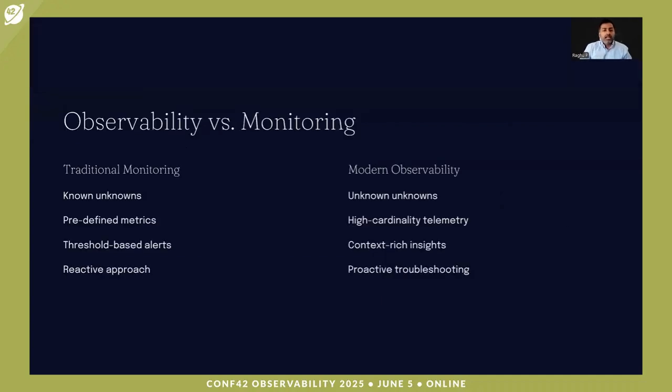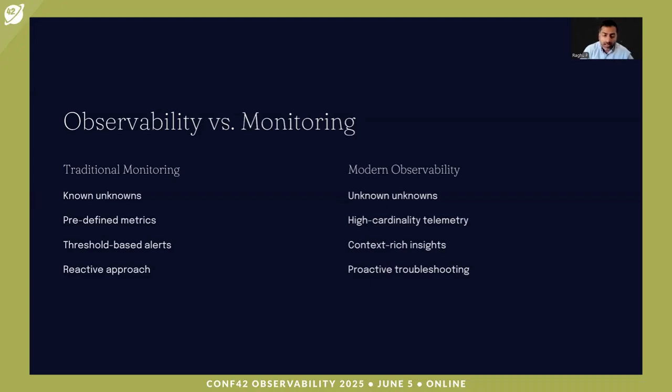As you look at this slide, traditional monitoring focuses on known issues with predefined metrics and threshold-based alerts. This is a reactive approach. In contrast, modern observability aims to uncover unknowns through high cardinality telemetry and context-rich insight. This allows for more proactive troubleshooting.